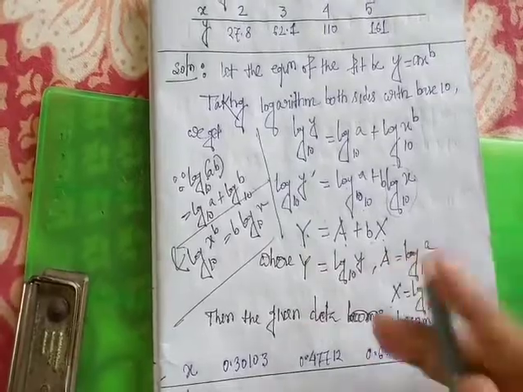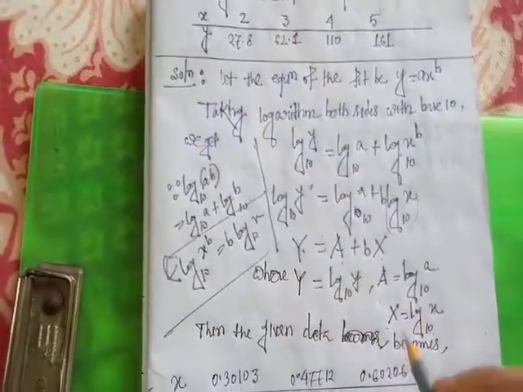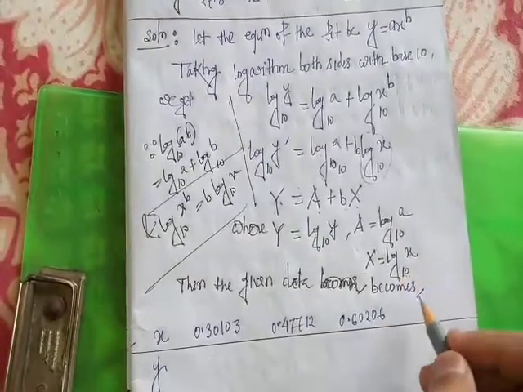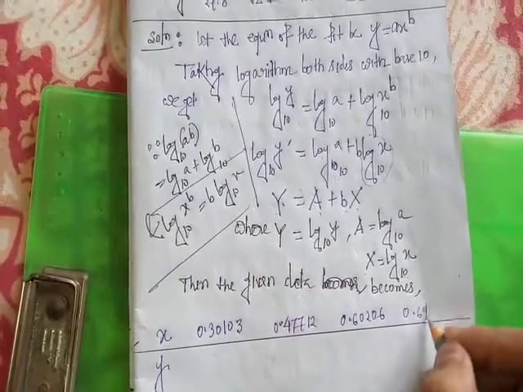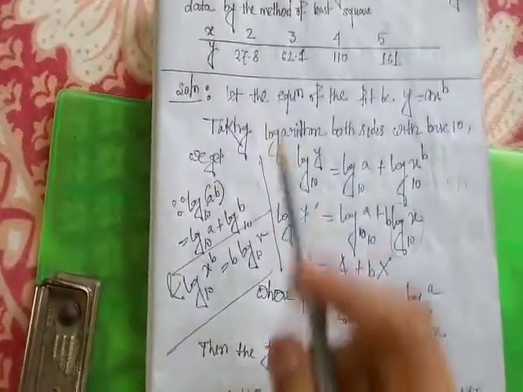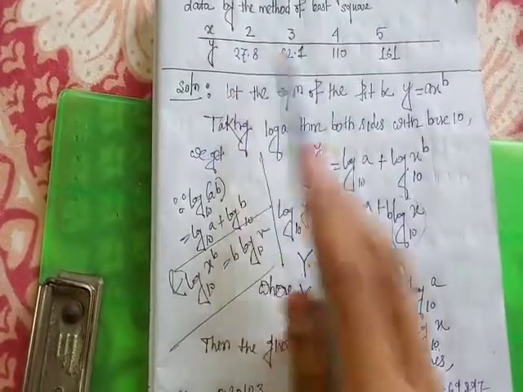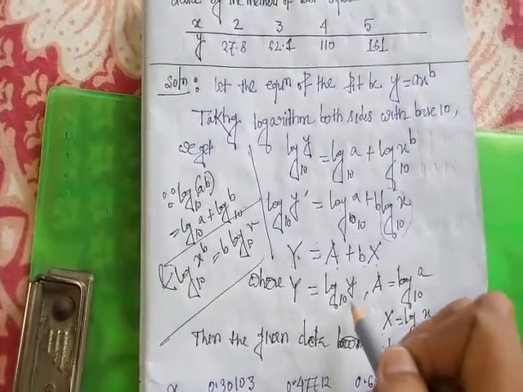When small x equal to 5, then capital X is log 5 base 10, so capital X is 0.69897.